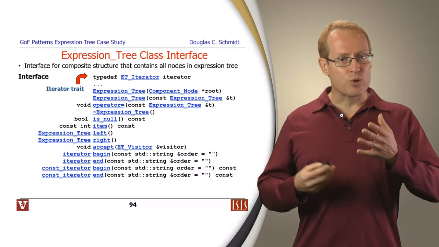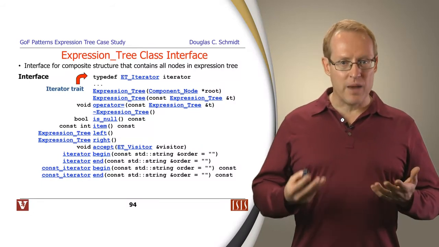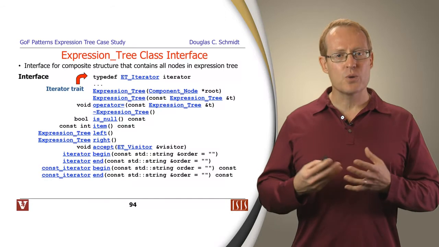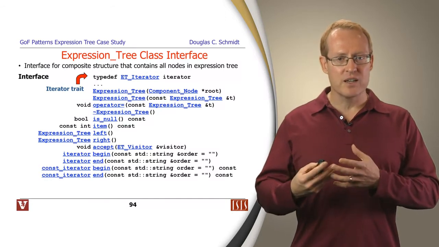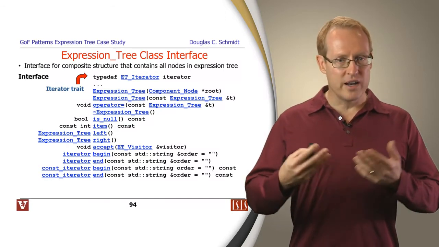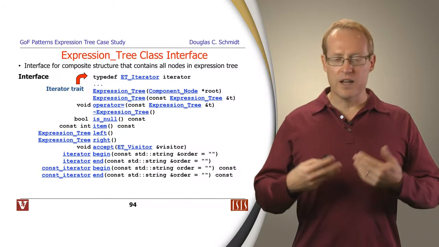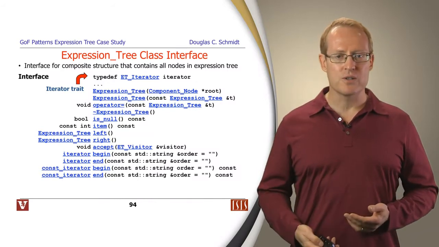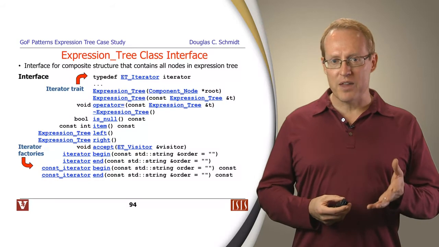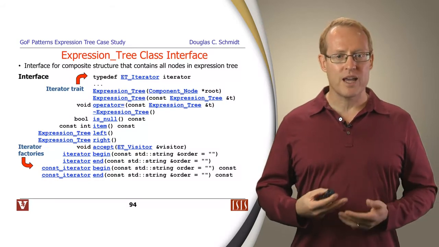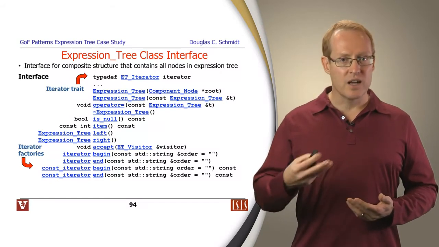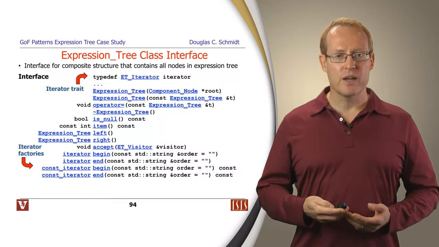We also have an iterator trait, which is a pattern in C++ which we use to associate certain dependencies that the expression tree class has on things it depends on for use in algorithms and containers, things like iterators. And then we also have a set of factory methods that are used to create the appropriate types of iterators, both const and non-const iterators, to iterate through the tree.